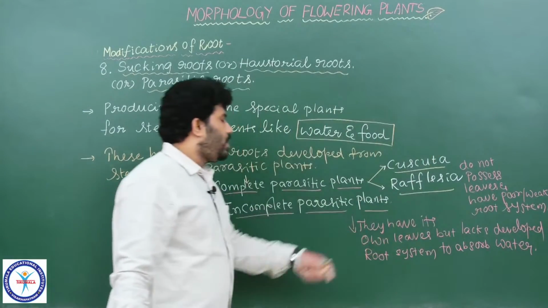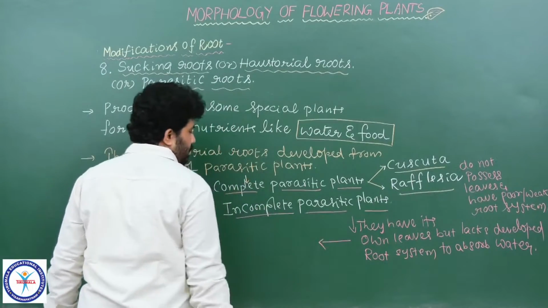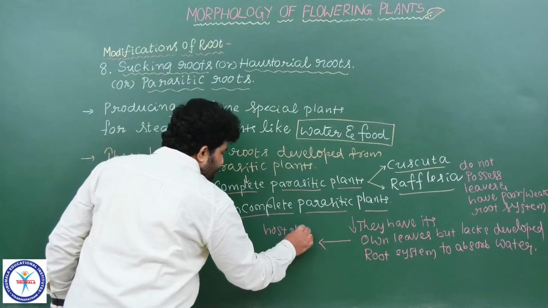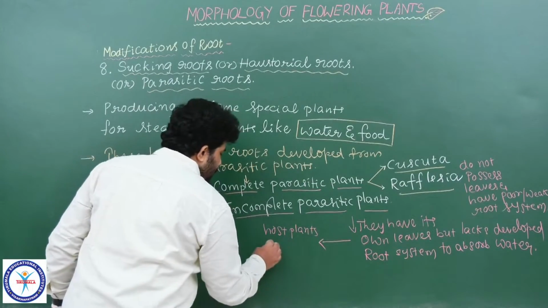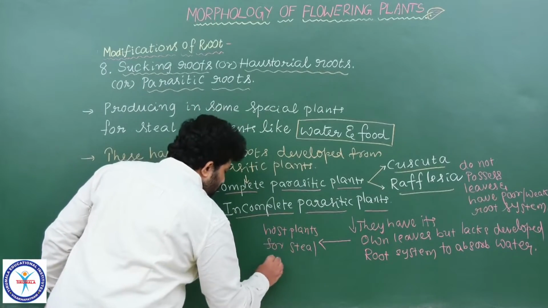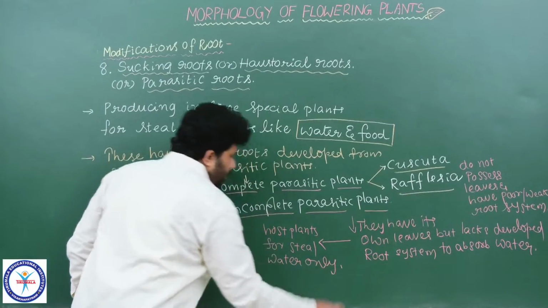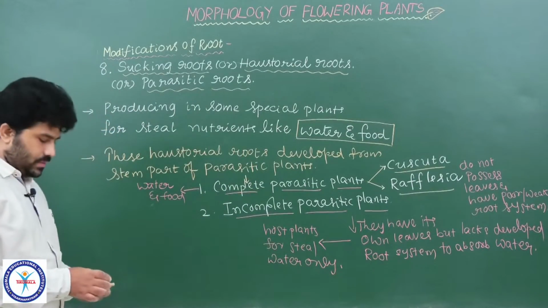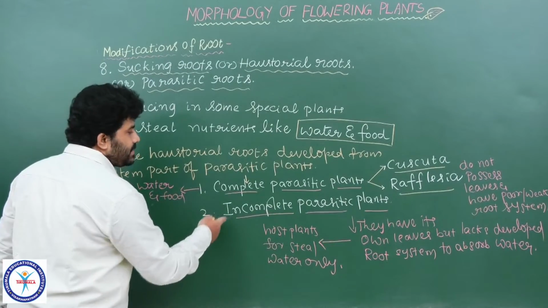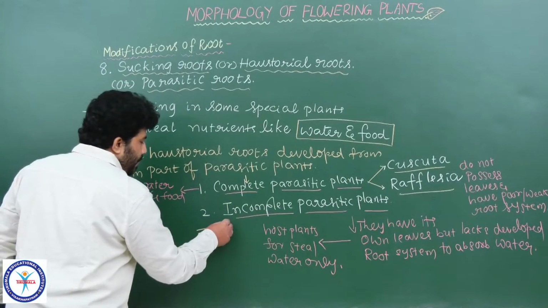That's why they depend on other host plants to steal water only, through the haustorial roots. Now, got the point? So for only one type of nutrient they depend on others. That's why these plants are called incomplete parasitic plants.